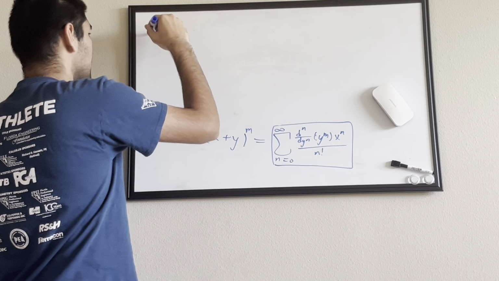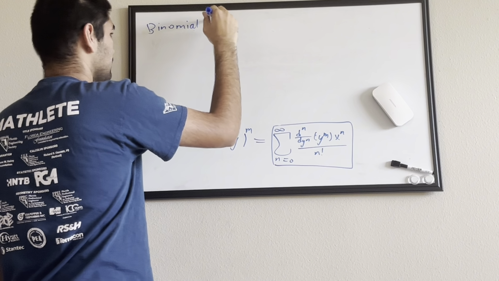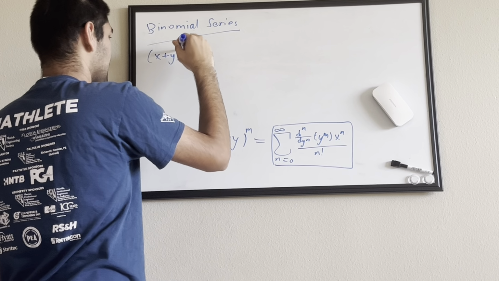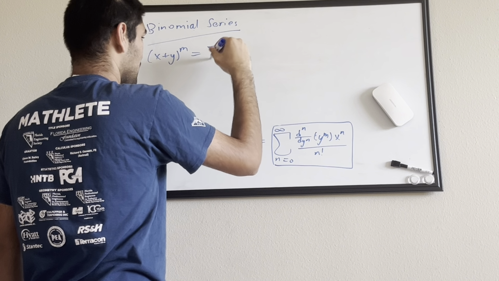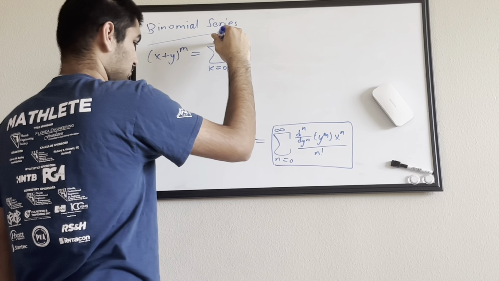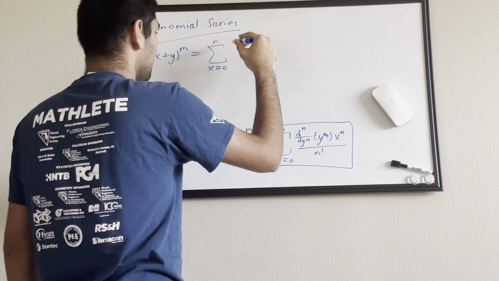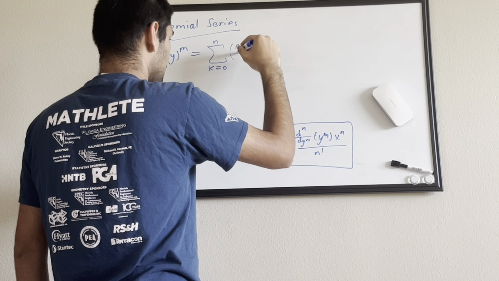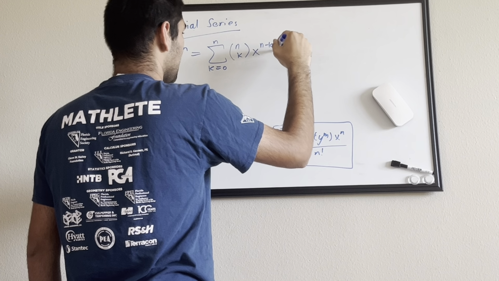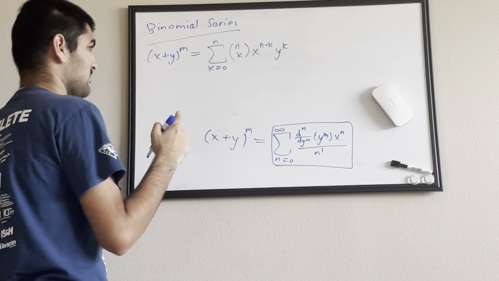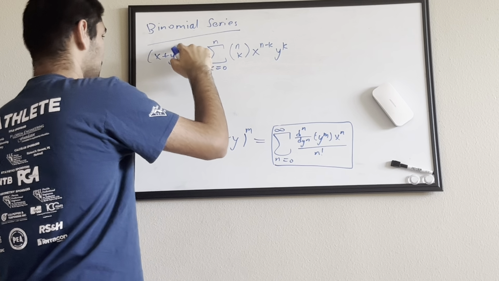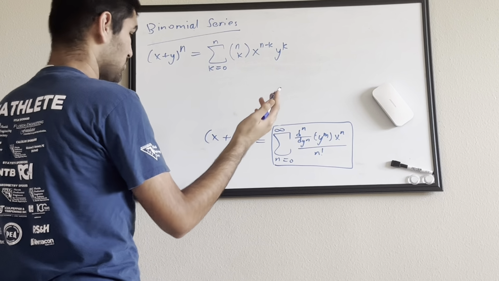And the binomial series says that x plus y to the m is equal to the sum as k goes from 0 to n of n choose k times x to the n minus k y to the k. I believe that's the binomial series. So this should be n. Hold on. Yeah, so this is n. Okay, that's the binomial series.